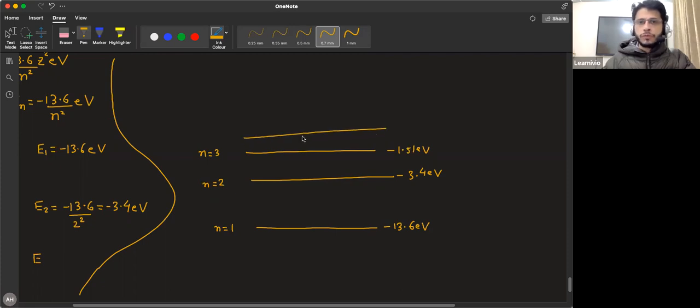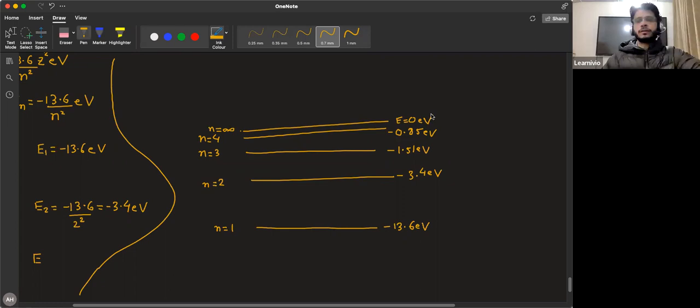When you take n equal to 4, energy will become minus 0.85 electron volt and so on. And at n equal to infinity, the energy will become 0. So this is the energy level diagram.